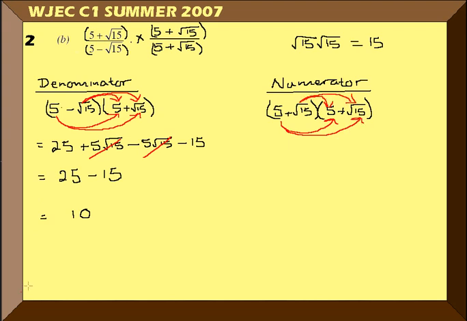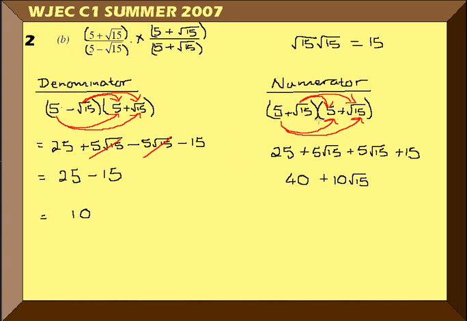Remember, you've got 4 multiplications to do. You've got 5 times 5 is 25, 5 root 15, another 5 root 15, and you've got root 15 times root 15, which we've already stated is 15. So putting this together, 25 and 15, that's going to give us 40. 5 root 15 plus 5 root 15, that's 10 root 15.